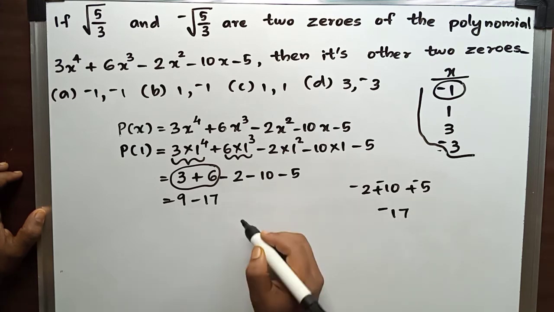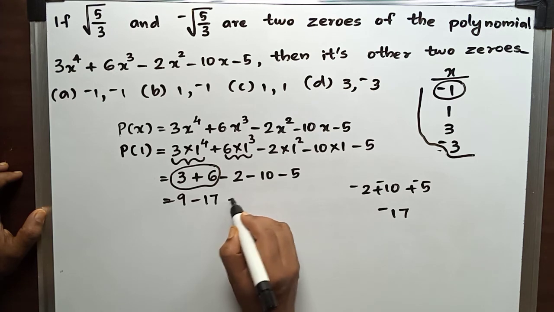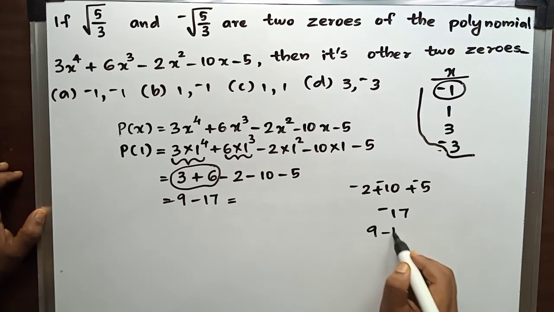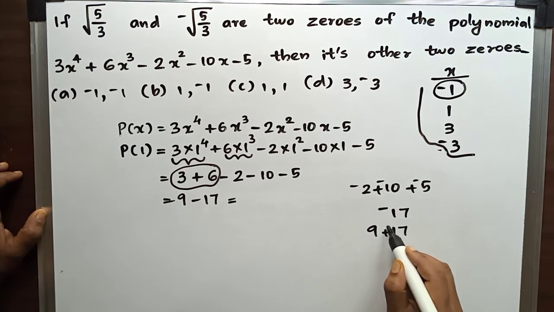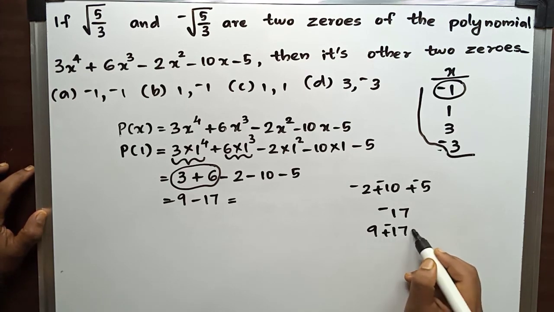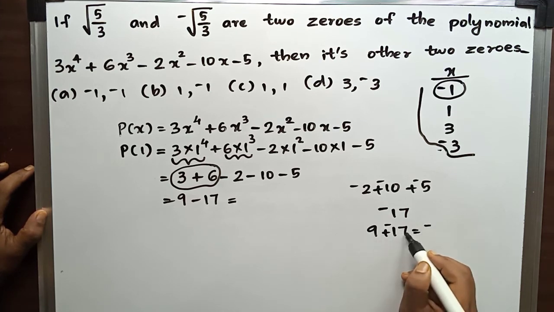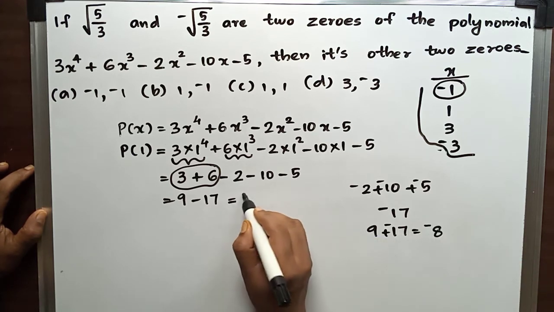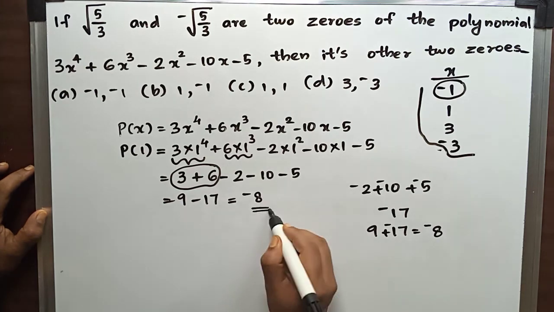So finally it is 9 minus 17, which can be taken as 9 plus minus 17. Here the biggest number is negative, so the answer is also negative. Bigger minus smaller means 17 minus 9, it is 8. So minus 8 is the final answer.